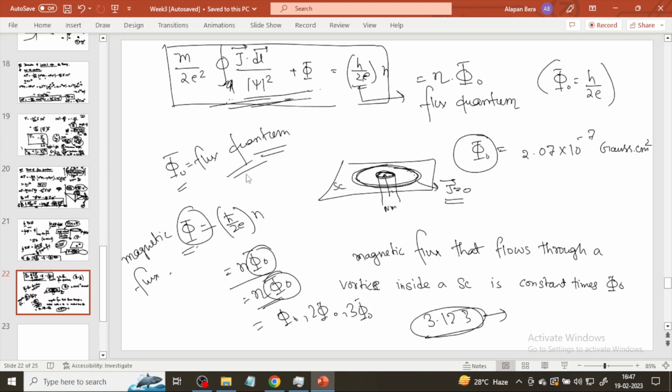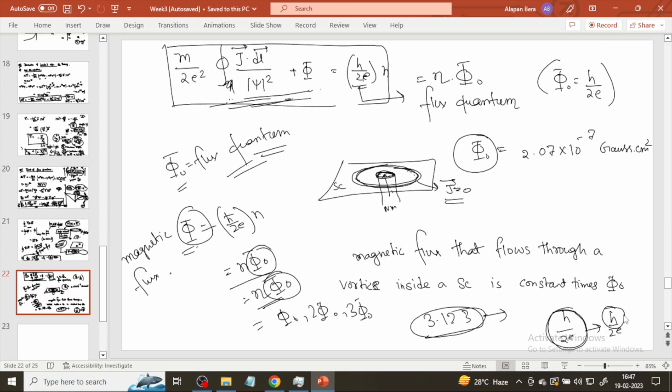So when you measure how much magnetic flux is passing through a vortice, by measuring that you can measure the value of h by 2e. So from here you can verify the value of the ratio of two natural constants.